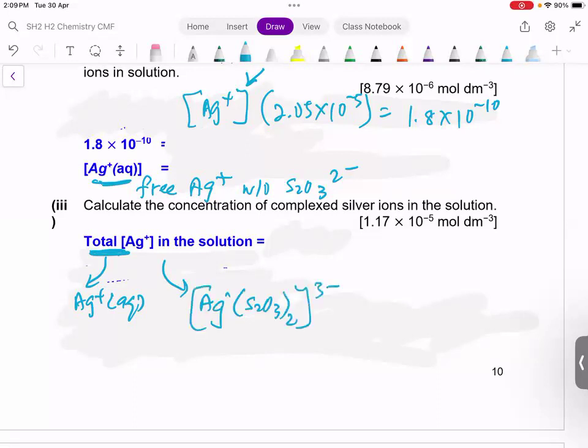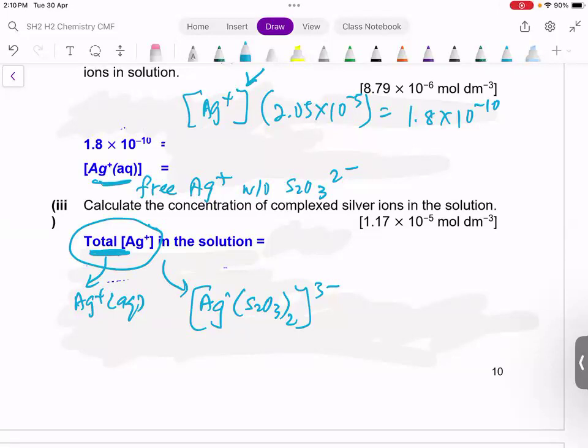Okay, so this is the total Ag plus that we are talking about. Okay, and do I know what is the total silver plus? How do I know that? Solubility, to be obtained from solubility.